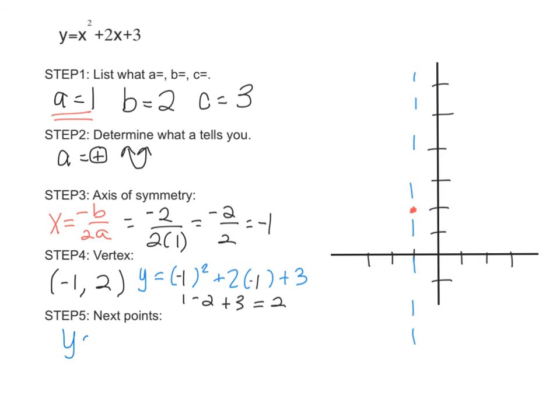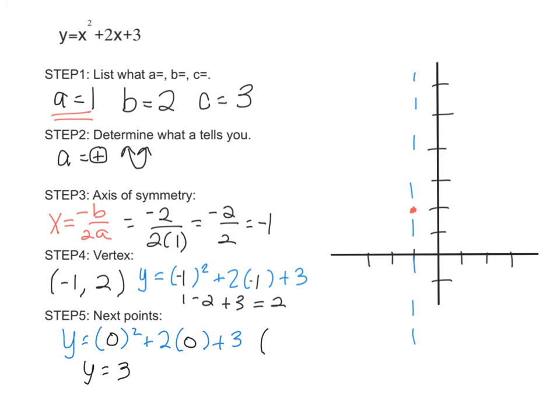So I'm going to go back into the same equation that I've been working with, and I am going to substitute in 0. The nice thing about substituting in 0 is it's really easy. Now I get y equals 0 plus 2 times 0, which is 0, plus 3. So y in this case is going to be 3.